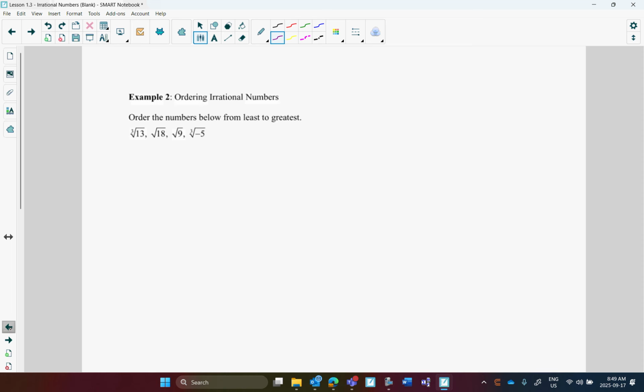Yeah, this. Okay. Because what times itself gives you -5, some negative decimal. Because negative times negative is positive, times negative is negative. This is the only one that gives you negative. So this has to be the smallest. Because the other ones are all positive. So they have to be bigger.